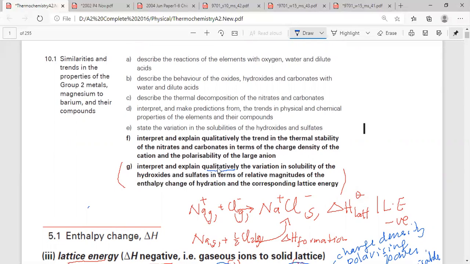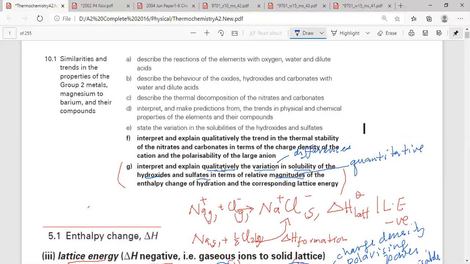Qualitatively means explain in terms of why the variation, that means the differences, in solubility of hydroxides and sulfates, in terms of relative magnitude. This is of course quantitative.